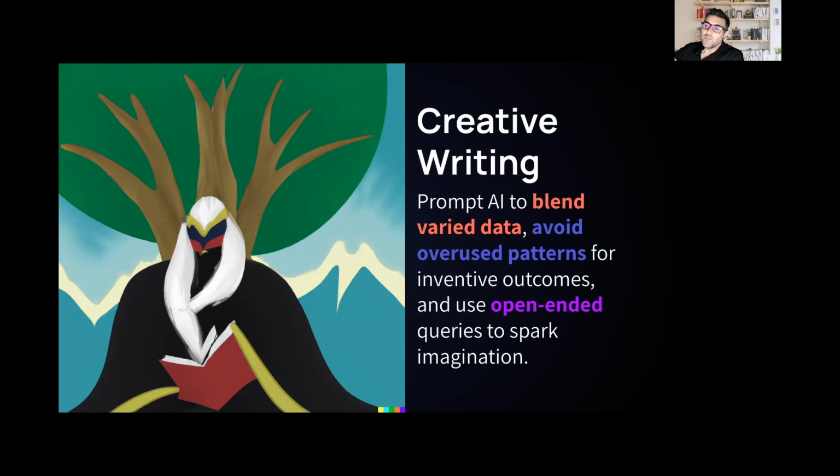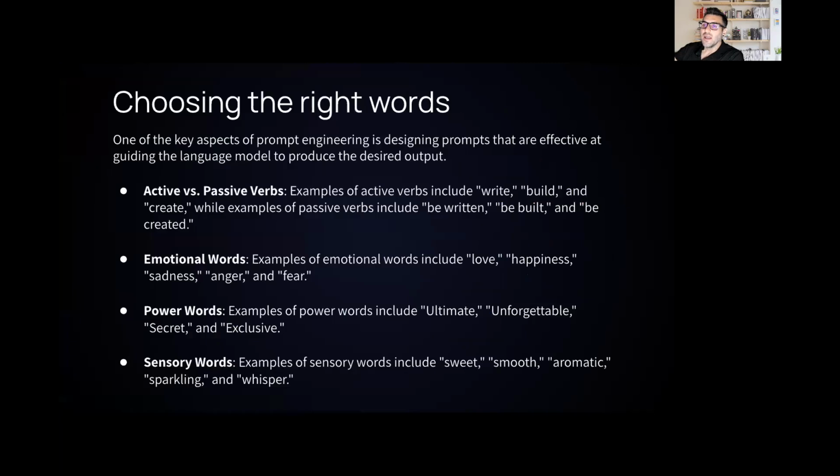And then finally, open-ended questions will help GPT to become more philosophical. And if you can add some styles to the open-ended questions, you will get some really interesting results.